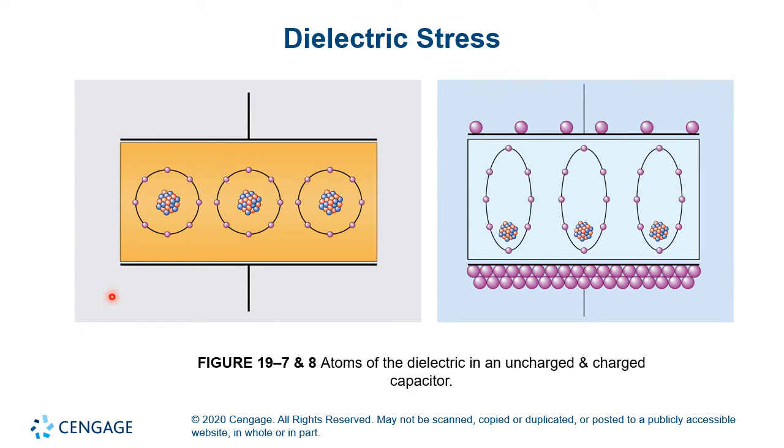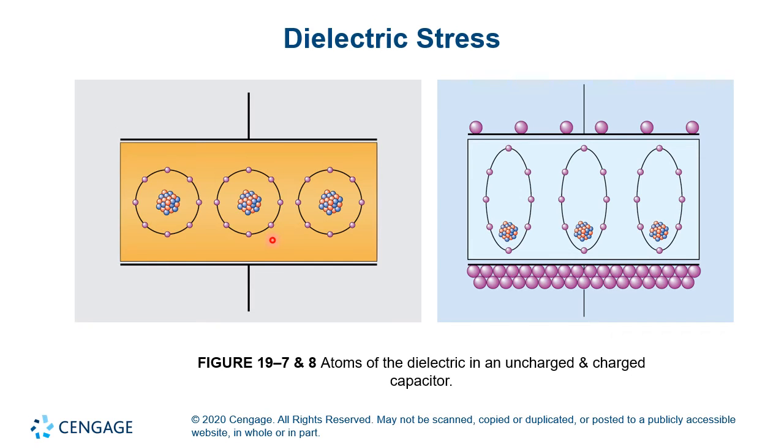So when a capacitor is not charged, we're going to find that our atomic structure is relatively symmetric. So you're going to get essentially round or spherical atoms, and the electrons are going to be essentially evenly spaced around here.